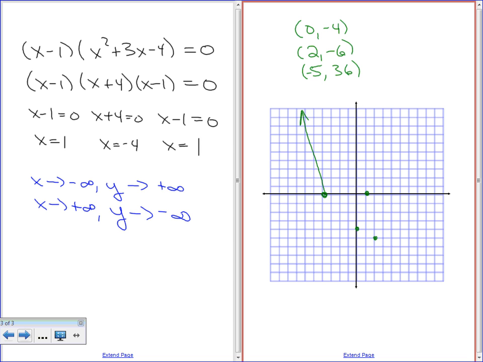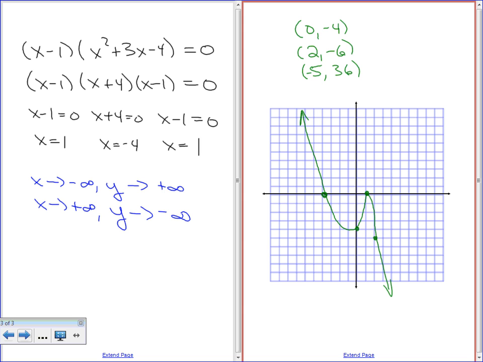Then this part right here, everybody's going to draw a little bit differently, and that's okay, because you don't know exactly where the turning point is, and I don't want you to figure that out. For those of you taking calculus, you'll learn exactly how to figure out where it turns, but for now you're just estimating it. If you draw it and have it pass through here, that's good enough. And exactly what David said, it's going to come up and touch because of the double root, and then head back down. And that's the graph.